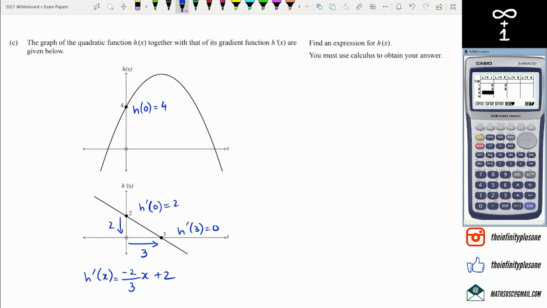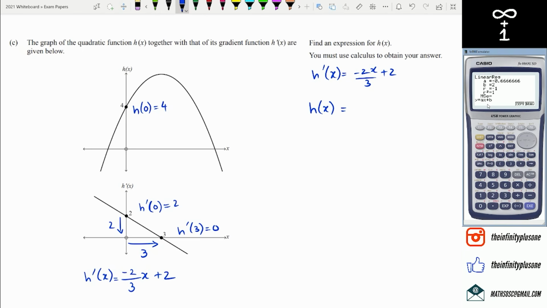Click on graph 1, calc, and x is what you want. So there you go. A is negative 0.666, same thing as negative 2/3, and B is 2, that's your y-intercept. Cool, so we've got our equation, which is h dash of x equals negative 2x over 3 plus 2. So we're going to integrate it.